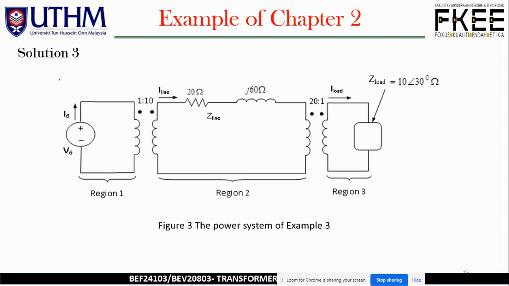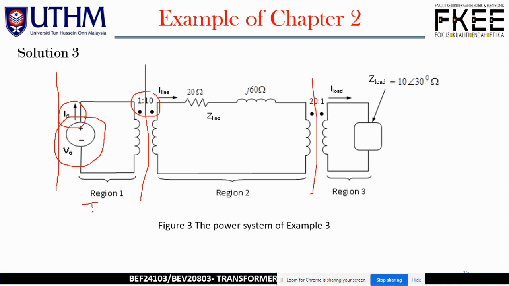We have region number 1. Let me put a partition, the red line, in between regions. Region number 1 is the generation side. We do have our voltage supply or the generator supply over here with the IG generator current. Before we move to the first transformer, which is the step up transformer with the ratio of 1 to 10, we move on to the second region.